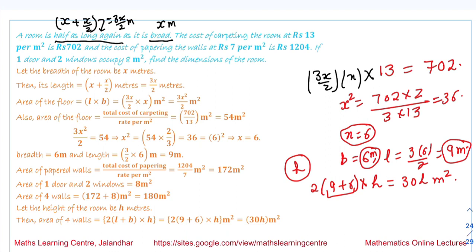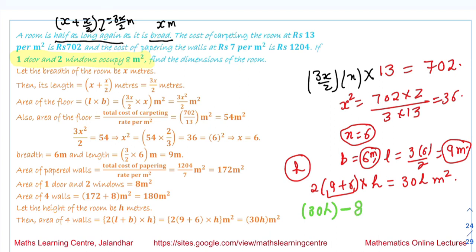Now it is given that one door and two windows occupy 8 meter square. So the area on which the papering is required is, we are saying 30H is the total area of the wall, and out of this the windows and door occupy 8 meter square area.